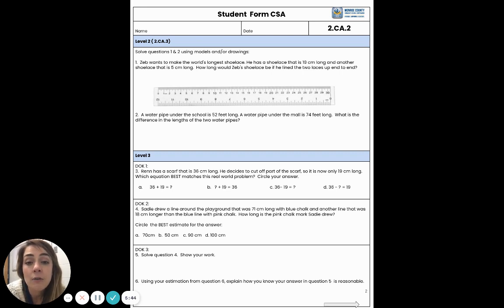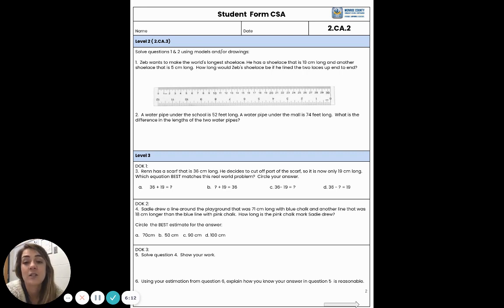So now that you know that, I want you to think that this problem is asking you to solve 74 minus 52. Then I want you to think about the 3 subtraction strategies that we talked about: base 10, number line, and standard algorithm. Choose one of those ways to solve this story problem. Okay, pause the video to show your work.